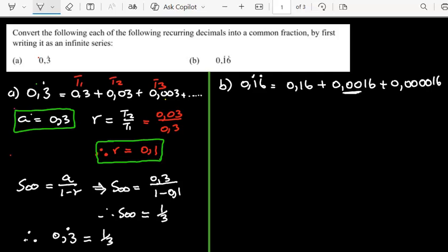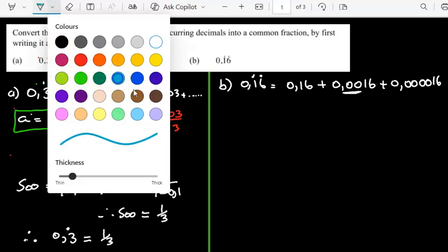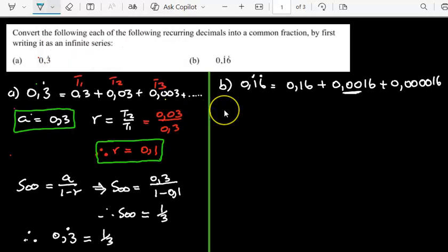So you just have to give us the value of a and the value of r. The value of a, if you check, is your first term, which is 0.16, and we need r. So r is equal to t2 divided by t1. This is my t1, this is my t2.